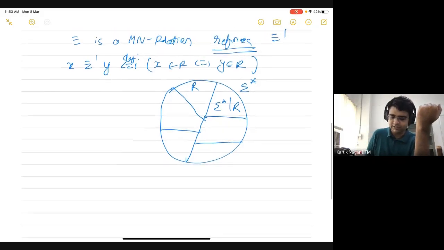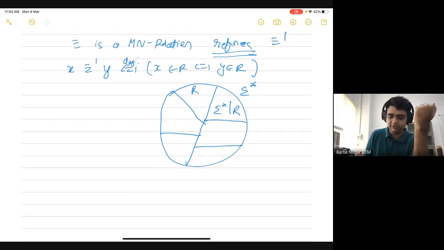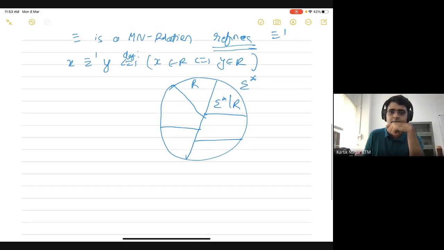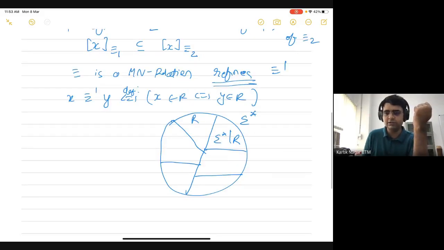So I hope that this also clears the definition of refinement, and how it relates to the property of the MN relation. Okay. So, are there any questions so far?